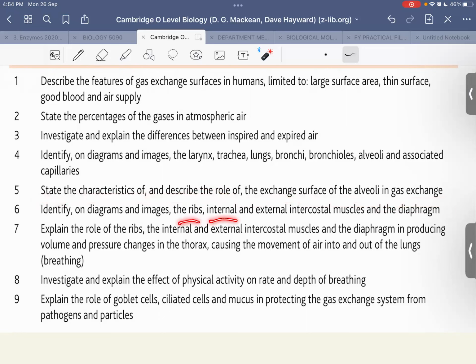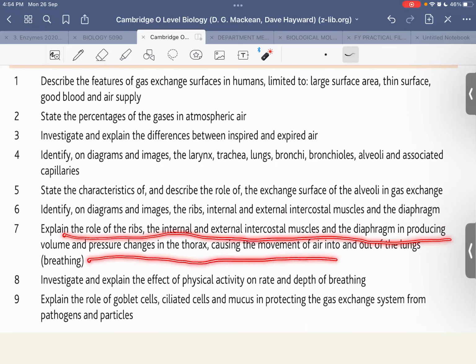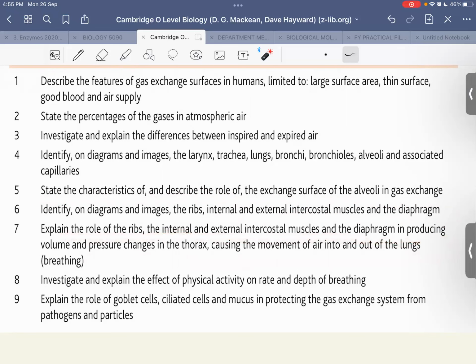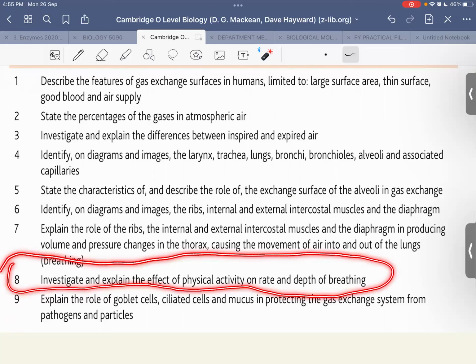Ribs, internal intercostal, external intercostal, diaphragm. This is also done. Yes. Explaining the role of ribs, muscles, diaphragm in producing volume and pressure changes in the thorax, causing the movement of air into and out of the lungs, breathing. Done. Yes. Investigate and explain the effect of physical activity on the rate and depth of breathing.